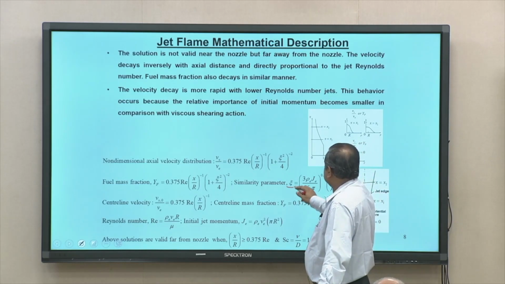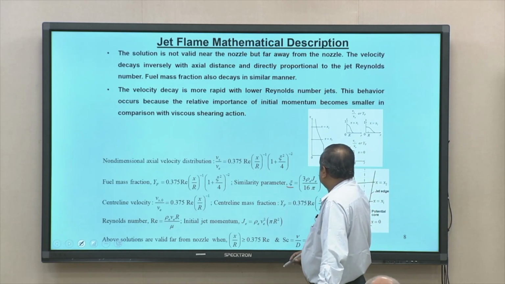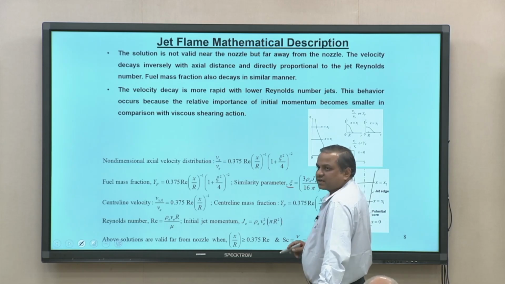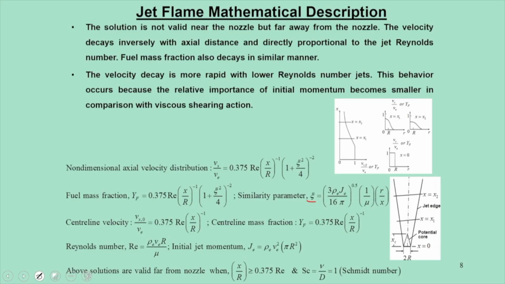So this zeta takes its initial condition, which involves the jet momentum at this initial stage, J_e. Rho e is the density at the exit of the jet, which is of the air-fuel charge, and it also takes into account the viscosity, mu.